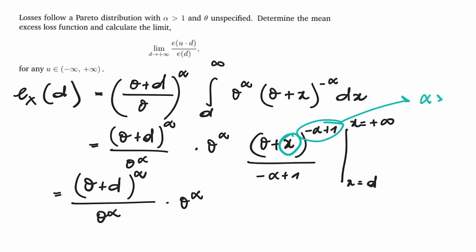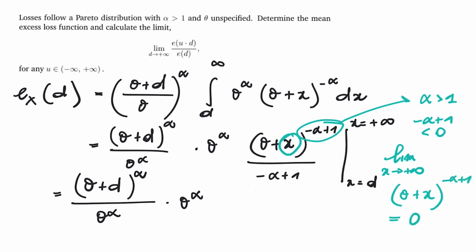Now since alpha is strictly larger than 1, we know that minus alpha plus 1 is strictly negative. So we get the limit where x goes to plus infinity of (theta plus x) to the power minus alpha plus 1, which is 0 because of the negative exponent. So in the first part we get 0.